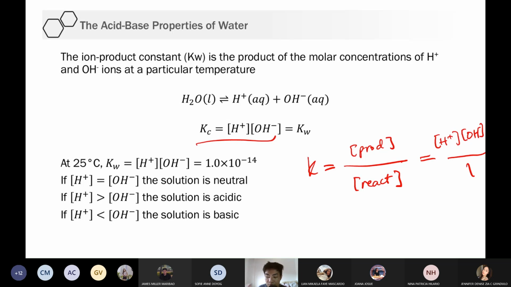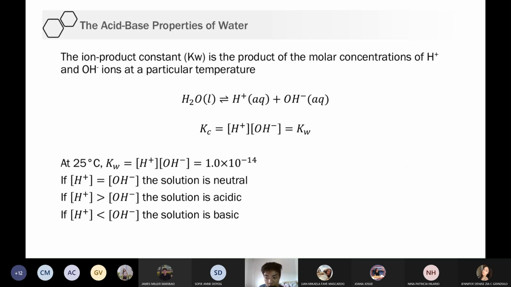Okay? So if you get the equilibrium constant of the autoprotolysis of water, Kc can be written as the concentration of H plus times the concentration of OH minus. Since this equilibrium is special, bakit? Nag-e-exist lang siya sa water.